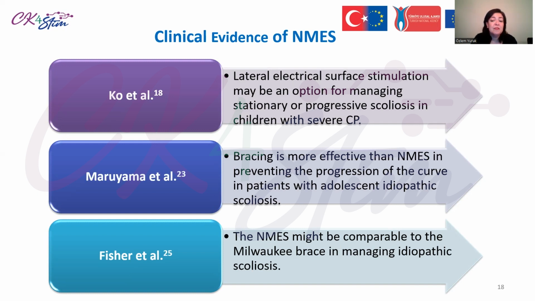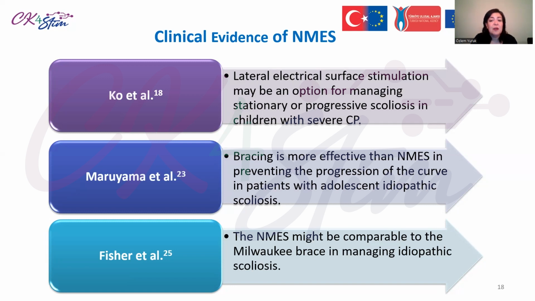In cerebral palsy, there are not many treatment options, and scoliosis is usually refractory. In a recent study by Coe et al., the effects of lateral electrical surface stimulation on scoliosis and trunk balance in children with cerebral palsy were evaluated.